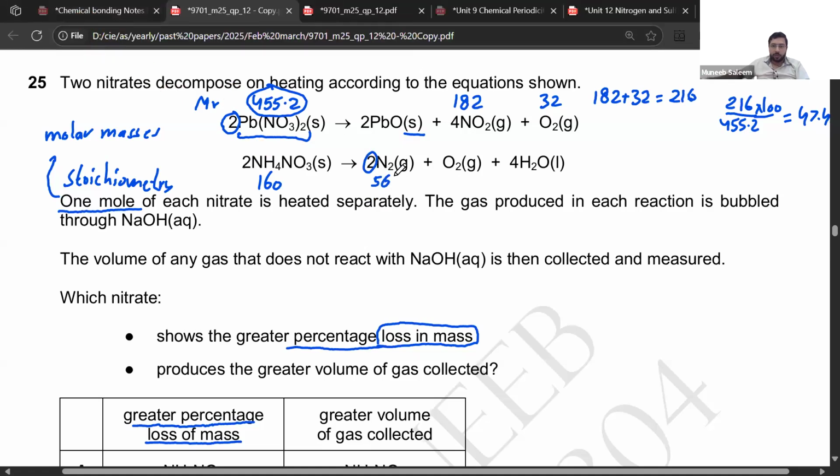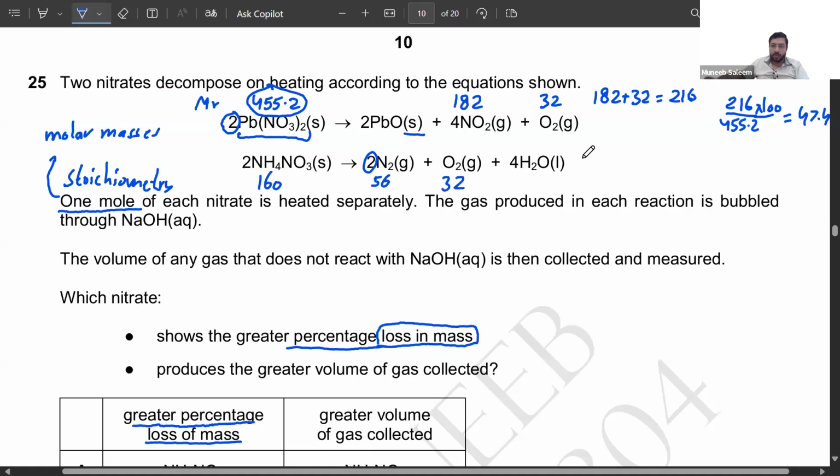So 56 for nitrogen, and for oxygen it is 32. Now add these two gases. We do not calculate the mass of the water since it is in liquid form. Okay, now 56 plus 32 is equal to 88. Now calculate the percentage loss in mass. That is equal to 88 divided by 160 into 100. The answer will come out to be 55%.